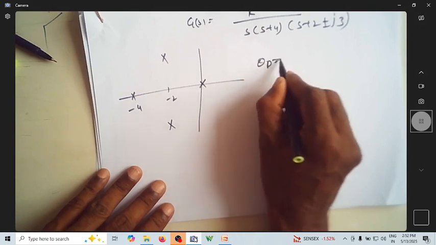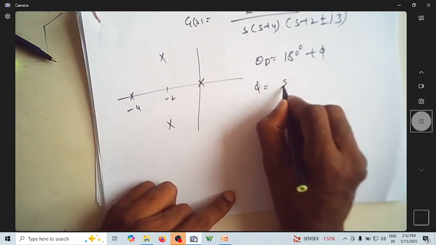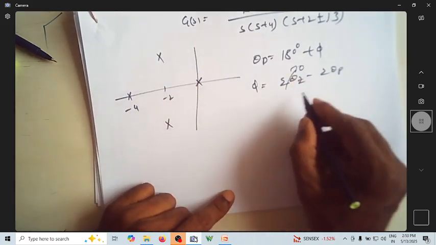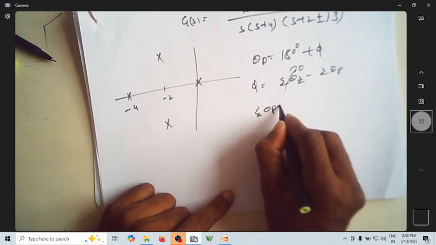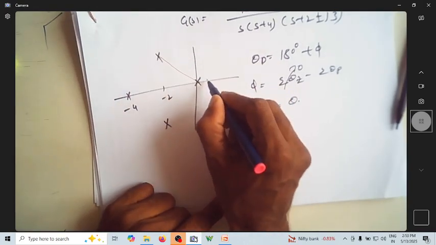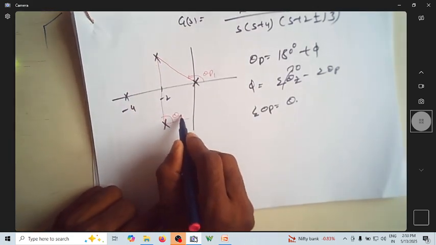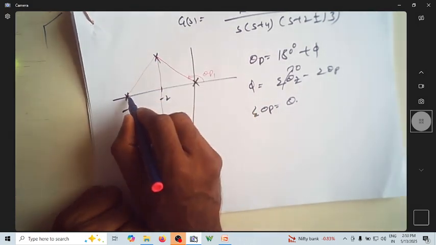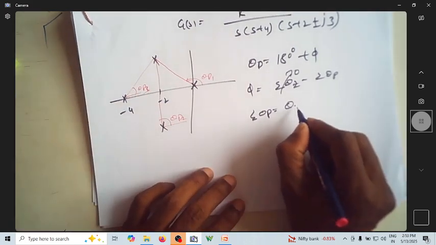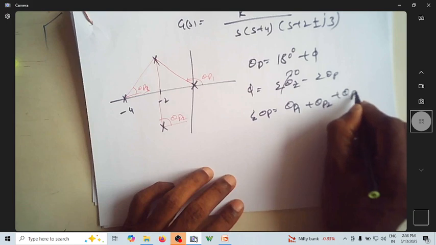So again, theta d is nothing but 180 degrees plus phi, where phi is the summation of theta Z minus the summation of theta P. The first is 0 because I don't have any zeros, whereas the summation of theta P is obtained by joining this to this. This is theta P1, this is theta P2, and this is theta P3. This is the angle you are supposed to find out: theta P1 plus theta P2 plus theta P3.